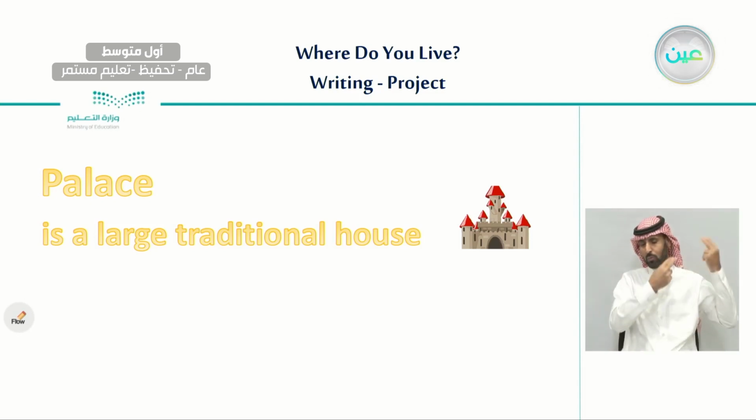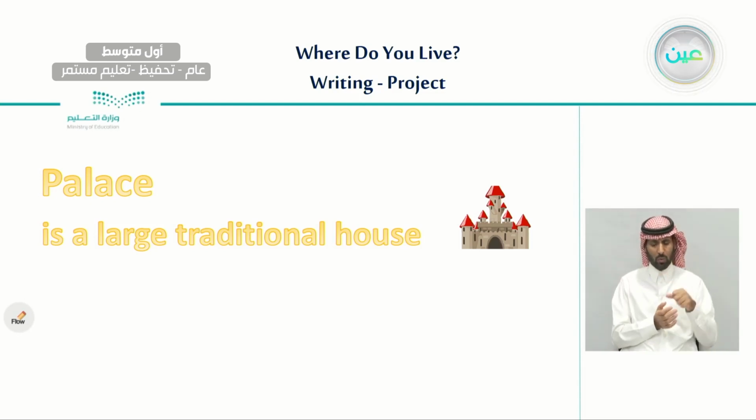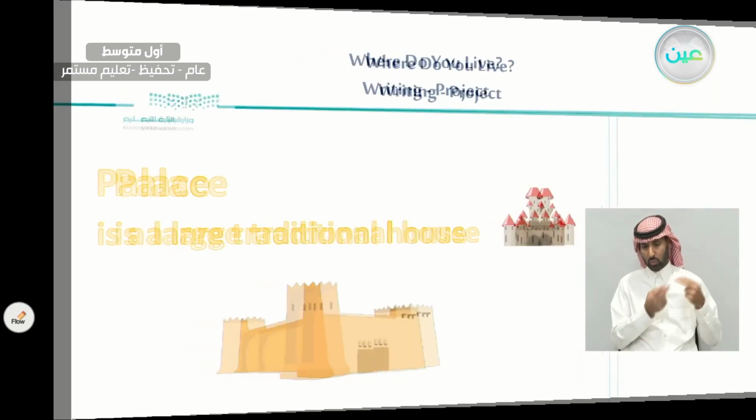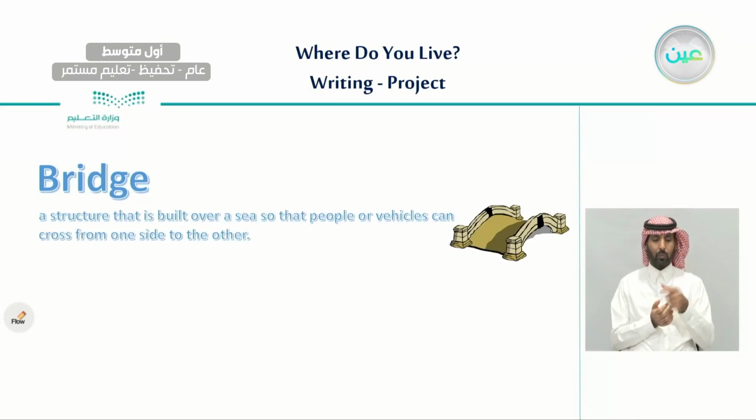Do you know what that palace is? Very good. It is Al Masmak Palace in Riyadh. So this is an example of a palace that we have here in Saudi Arabia. It's large and traditional.